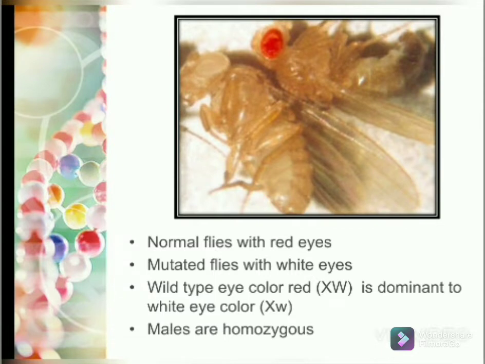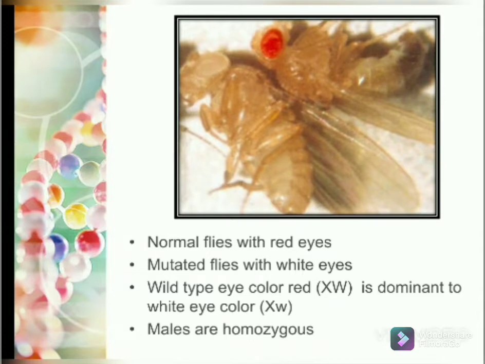With Drosophila melanogaster, the wild-type eye color is red, which is big X and big W, and is dominant to white eye color, which is big X and small w. Using these genotypes, he was able to conclude that the gene for eye color was on the X chromosome.